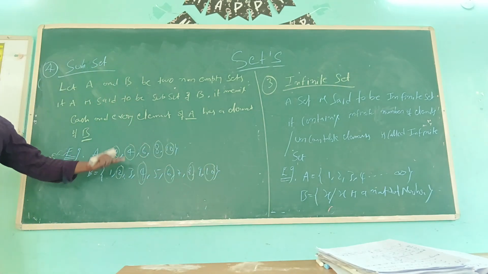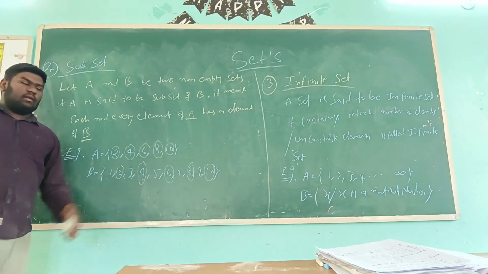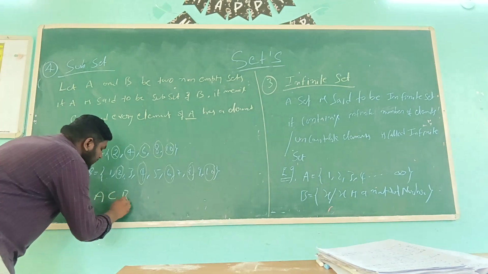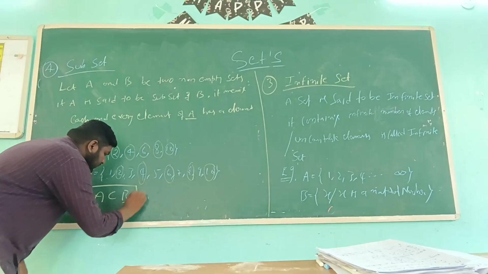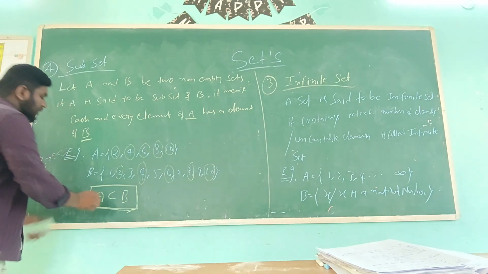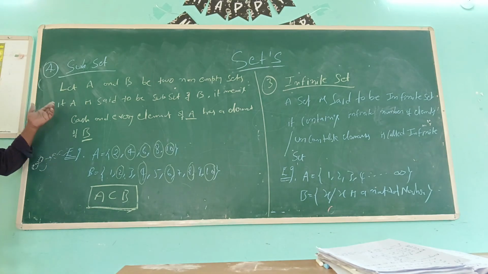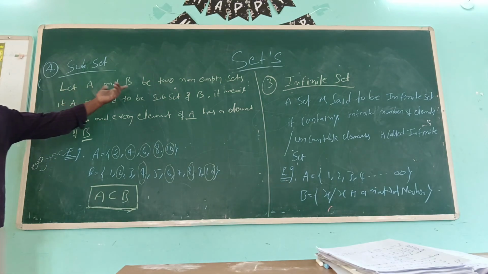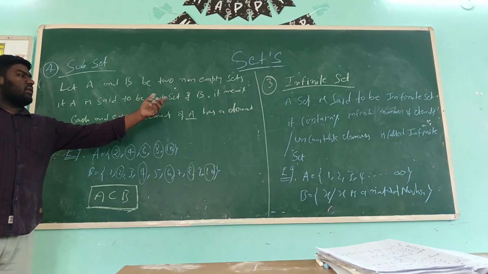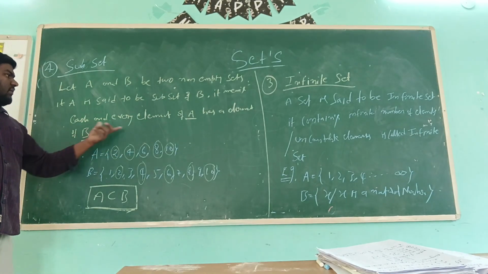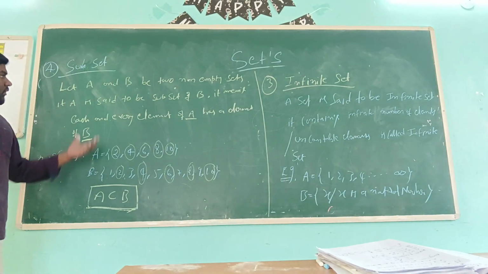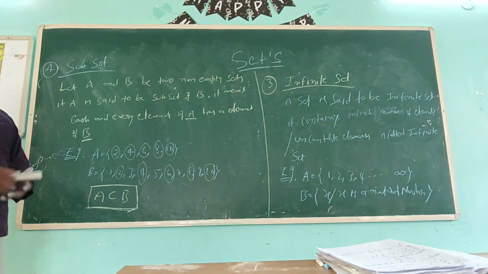Now each and every element of A is an element of B. Then clearly A is a subset of B. Understood? This is called the subset. Like this example, I hope we get an idea about what a subset is.